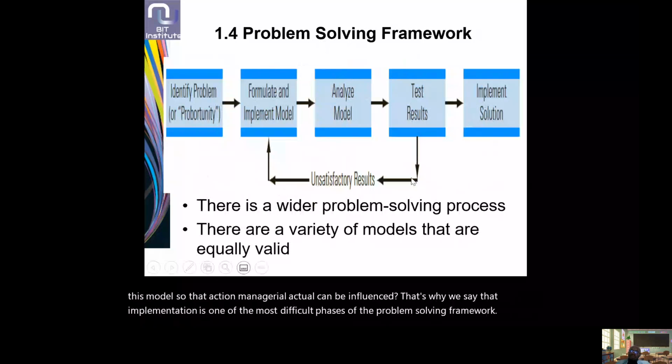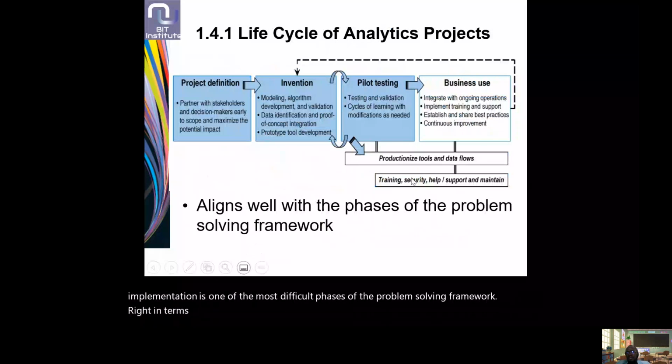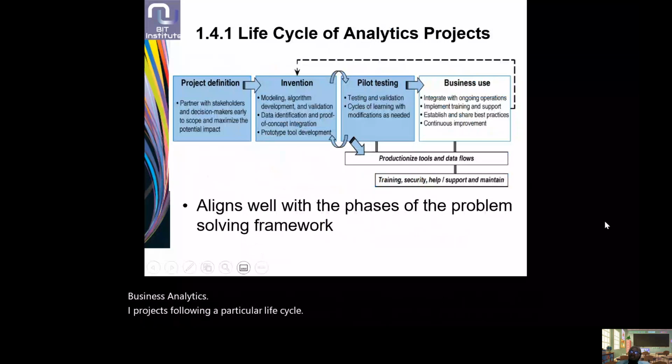All right. In terms of implementation, we see business analytics projects following a particular life cycle, which can be subdivided into these 4 phases: project definition, invention, pilot testing, and business use.